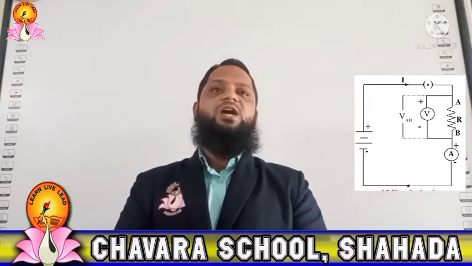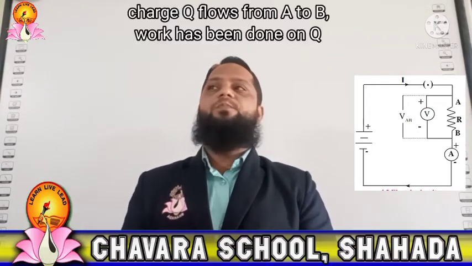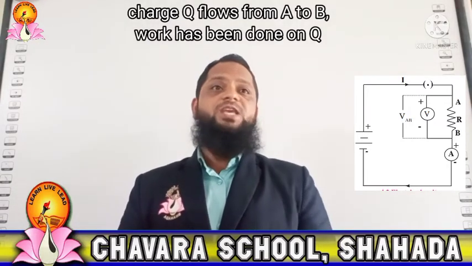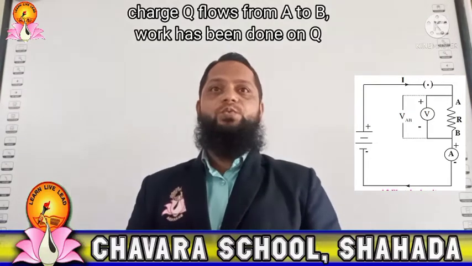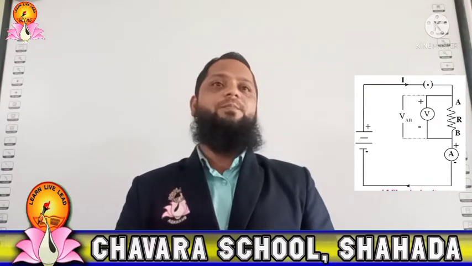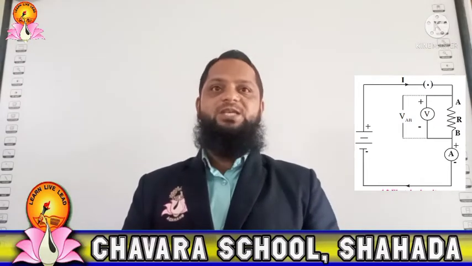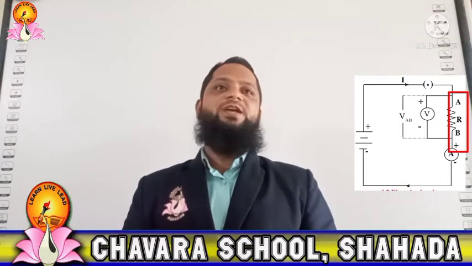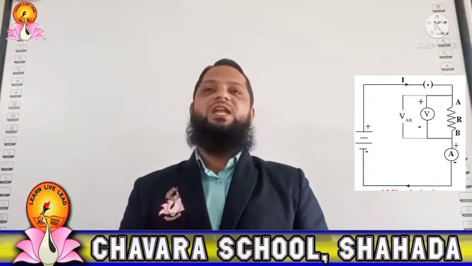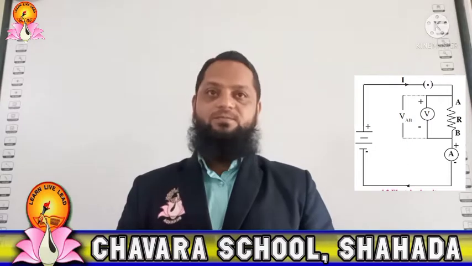If a charge Q flows from point A to point B, work VAB into Q has been done on Q. While going from point A to point B, from where does the energy for this work come? In the ninth class we studied the concept of work.